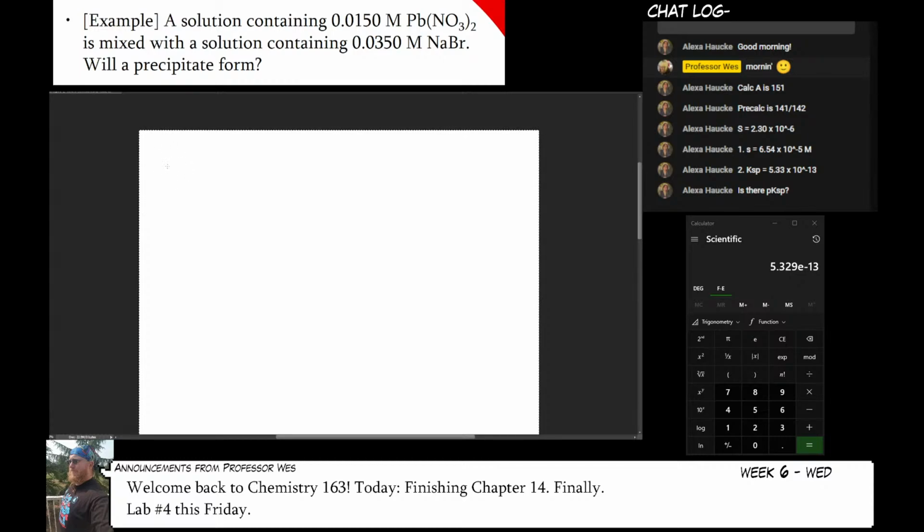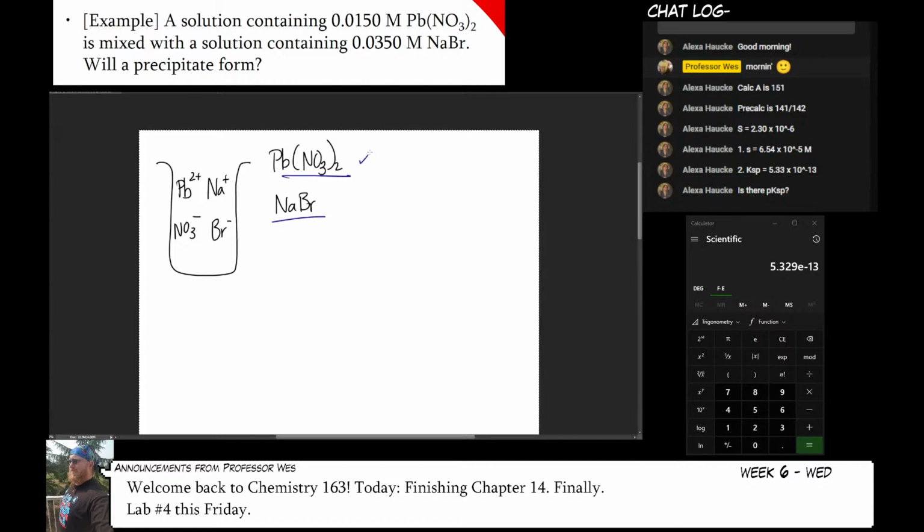All right. So let's draw a beaker. And I'm going to add lead nitrate, which means that I'm going to have Pb2+ in my solution and nitrate. And I'm going to add NaBr, which means I'm going to add Na+ in my solution and Br- in my solution. Now, obviously, I could just pair these things together with what they started with.